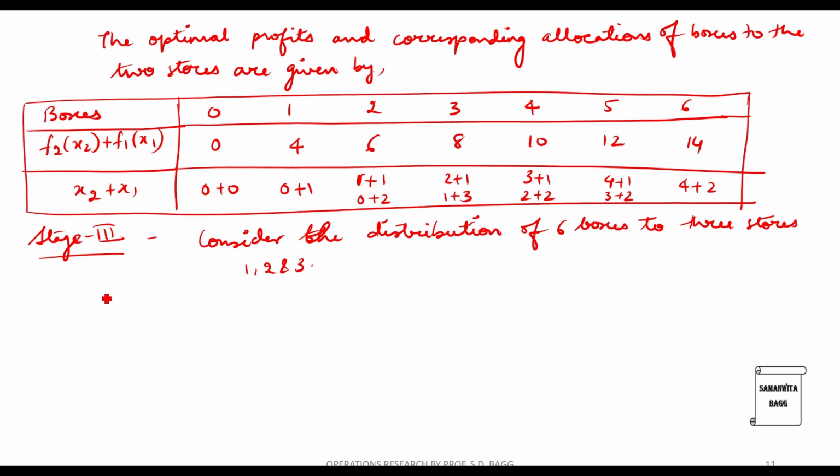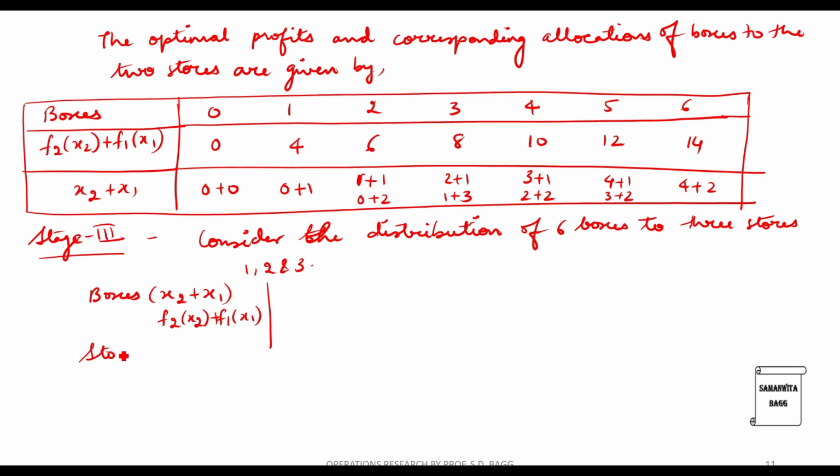Again I'll make a table. So I'll start with boxes, x2 plus x1. Here I have f2 x2 plus f1 x1.